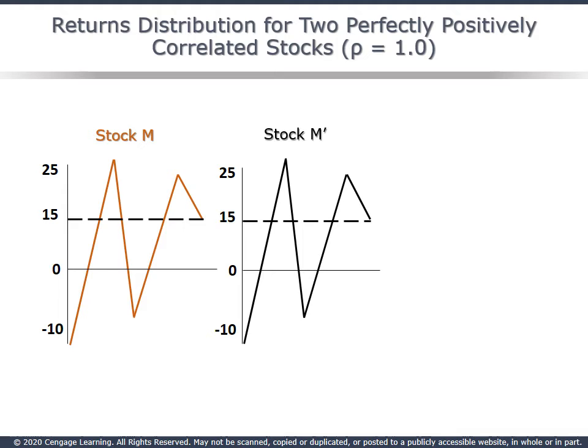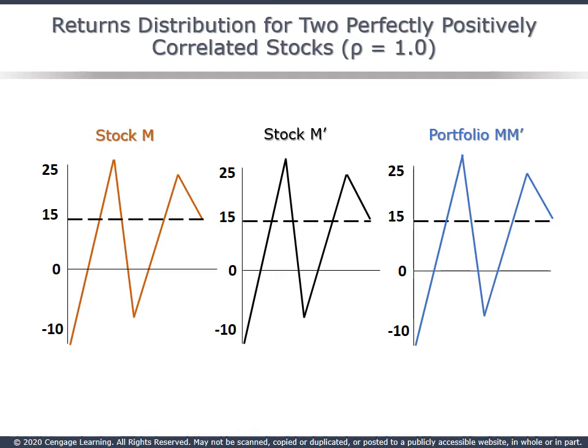If you combine the two stocks and you put half your money in one and half your money in the other, the return stayed the same, but so did the riskiness. Why? Because of this correlation. These two stocks have perfect positive correlation. They are moving in exactly the same direction.